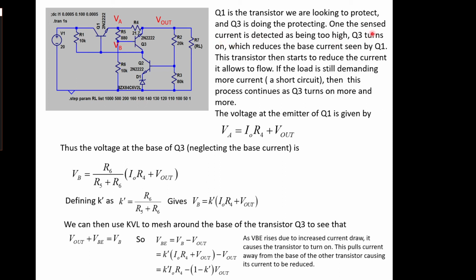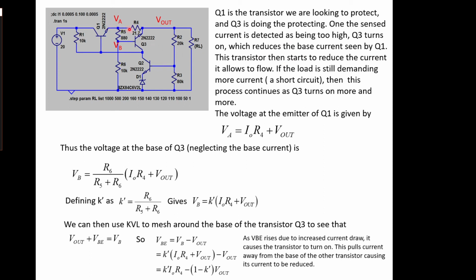Once the sensed current is detected as being too high through here, Q3 turns on, which is what we expected, which reduces the base current seen by Q1, so that's starting to pull more current away from this system here. The transistor then starts to reduce the current it allows to flow.